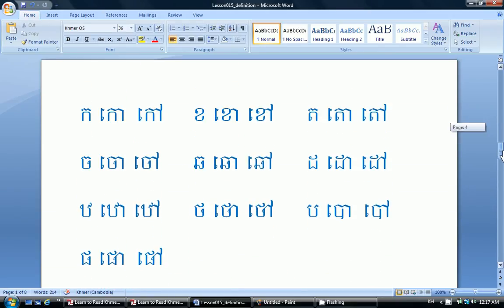So here is a list of all the consonants that we have learned so far with the two vowels that we learned from this lesson. In this section we are saying the consonant, the sound of the vowels, and then the word. Here we go. Start with khaw. Khaw, khaw ao khaw. Thaw, thaw ao thaw.